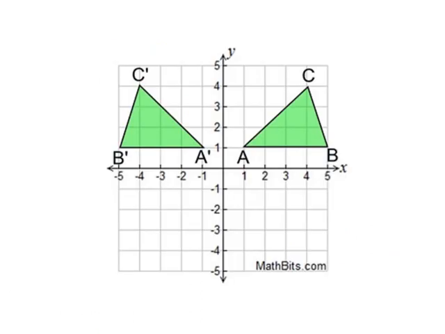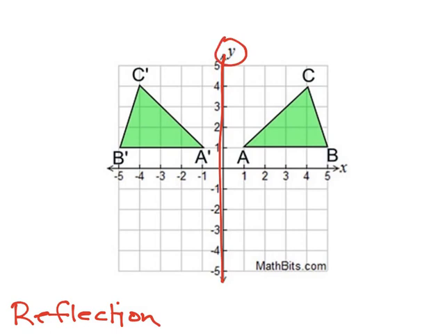All right, and then the last one is reflection. So just like that mirror image, that mirror. Okay, so in this case, that line is called the line of reflection. So this is reflected over the y-axis. Now what you want to look for here is the points and how it changes.